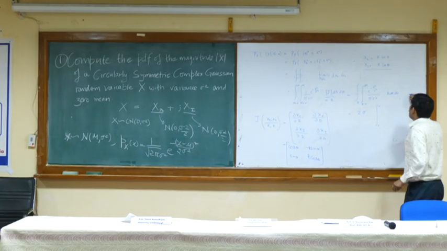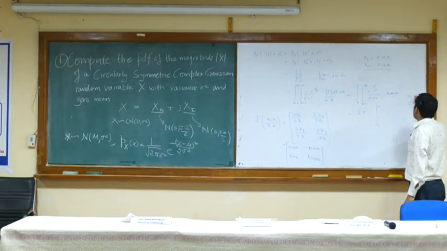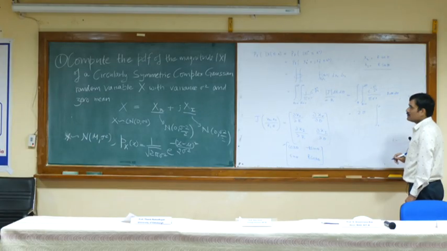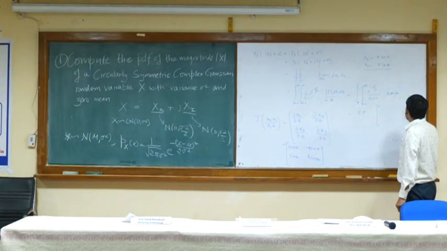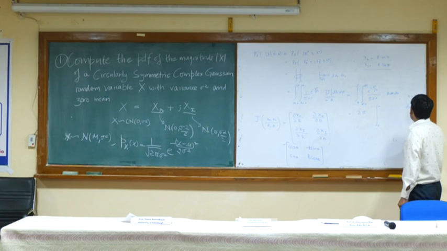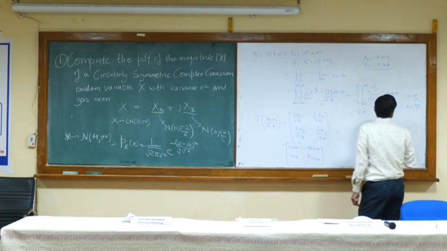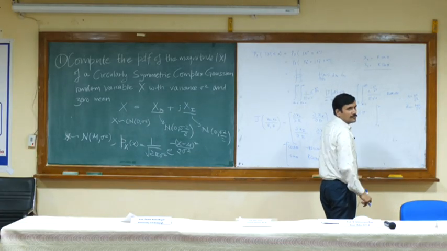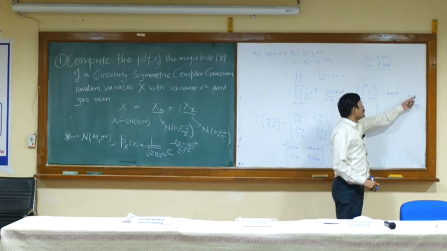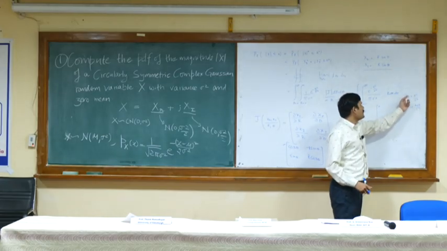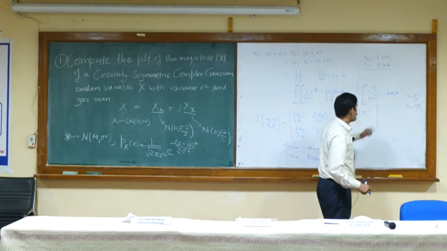What can I do here? I can put u equals r square divided by sigma square. So du equals r dr divided by sigma square. If r equals 0, then u equals 0, and r equals infinity means u equals infinity, so the limit remains the same.